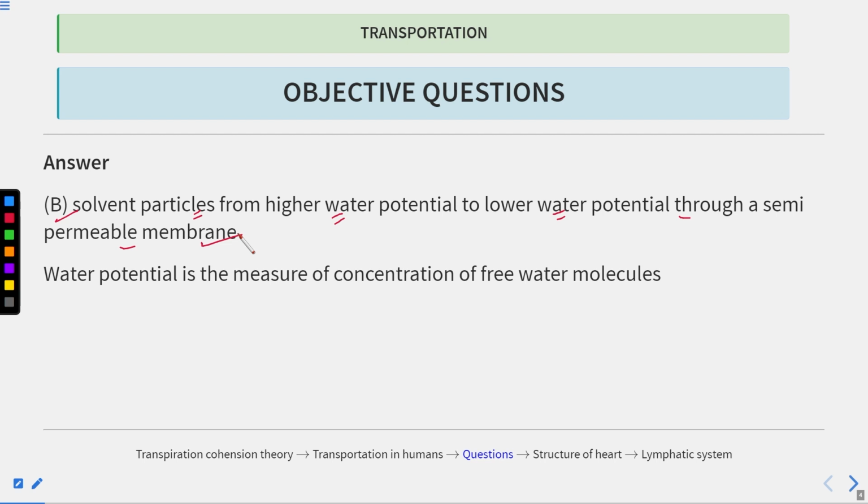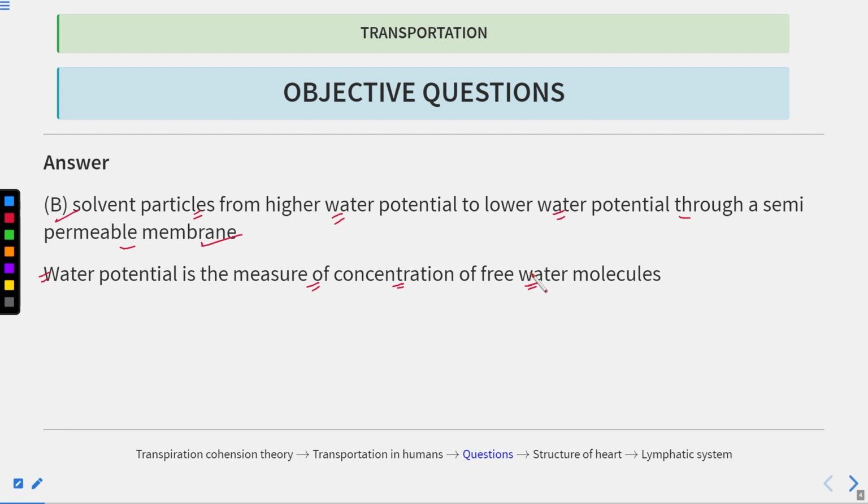Now, what is water potential? How can you define water potential? Water potential is the measure of the concentration of free water molecules, or you can also say the potential energy of the water molecules present in the water. The water potential for pure water is zero. Whenever you add solute particles to it, the water potential becomes negative.